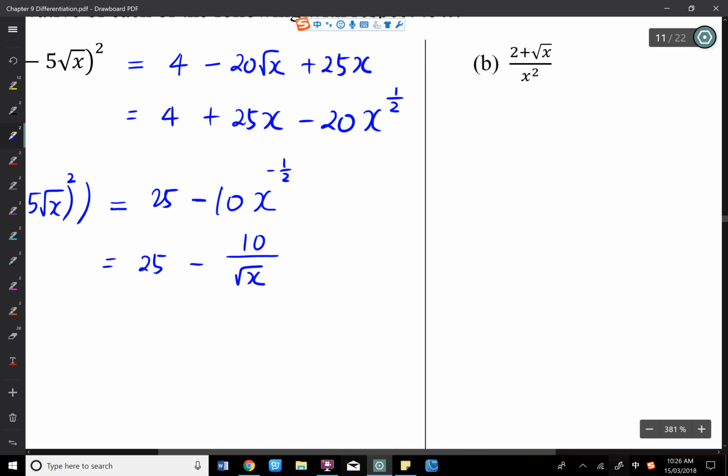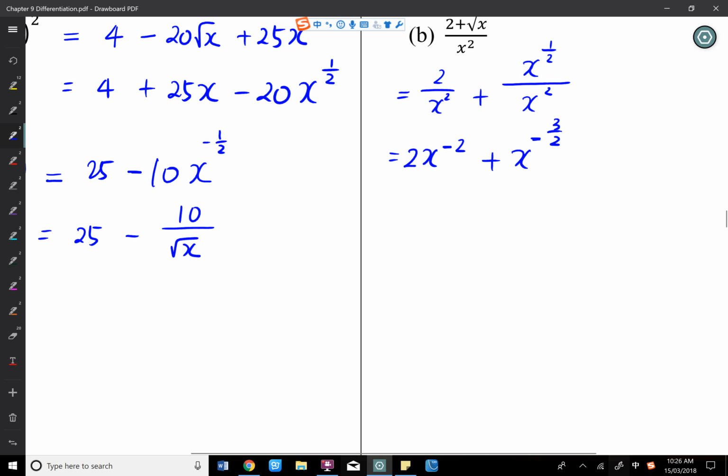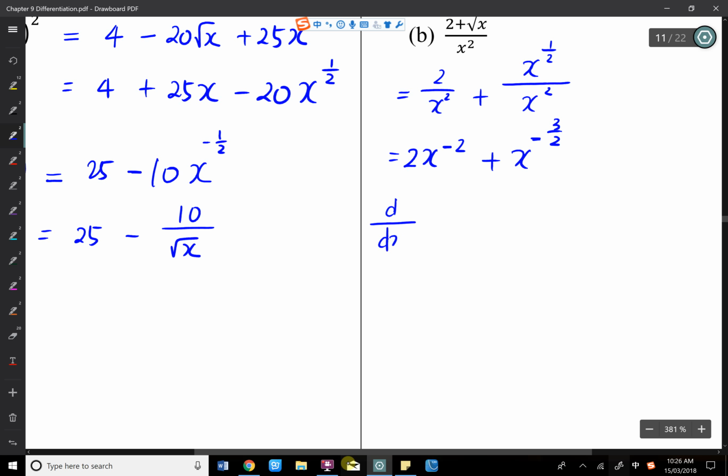B, well, again, B is this type of question. That's 2 over x to the power of 2 plus, well, root x is x to the half, over x to the power of 2. That equals 2 times x to the power of negative 2 plus x to the power of negative 3 over 2. Half minus 2 is negative 3 over 2. So I'll say d dx of this equals 2 minus 4x to the power of minus 3.